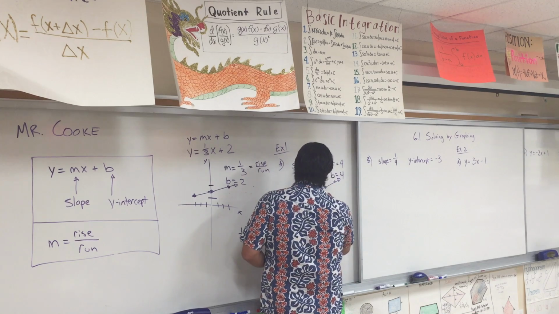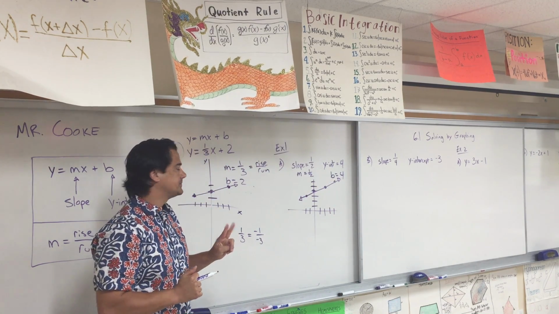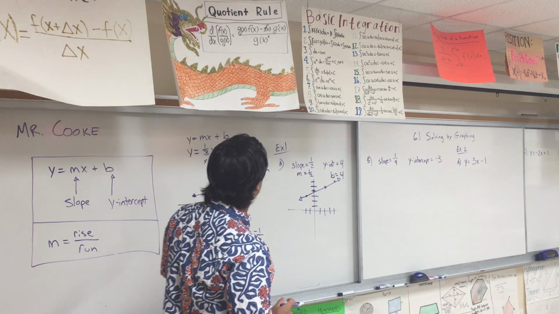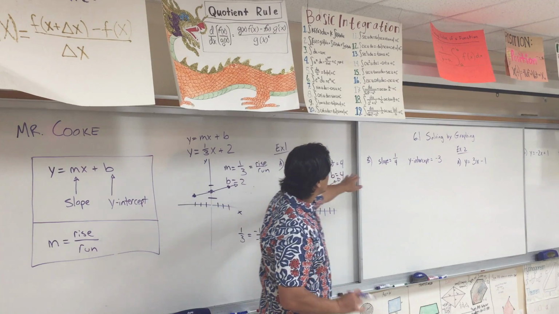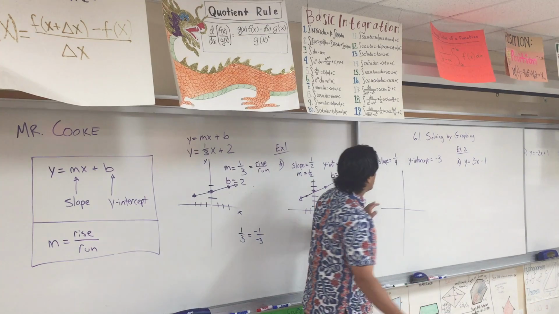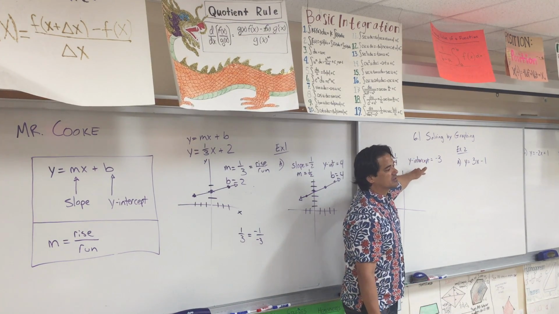How many points do we need to make a line? 2. Only 2, right? All right. So I'm going to have you guys now go ahead and do this second one. Go ahead and graph, given the slope and the y-intercept.